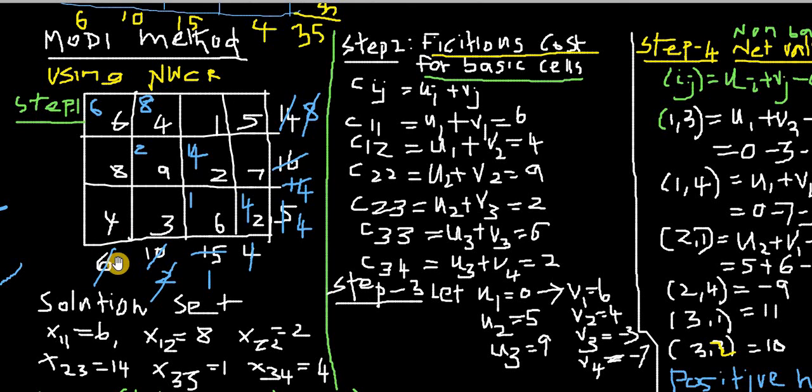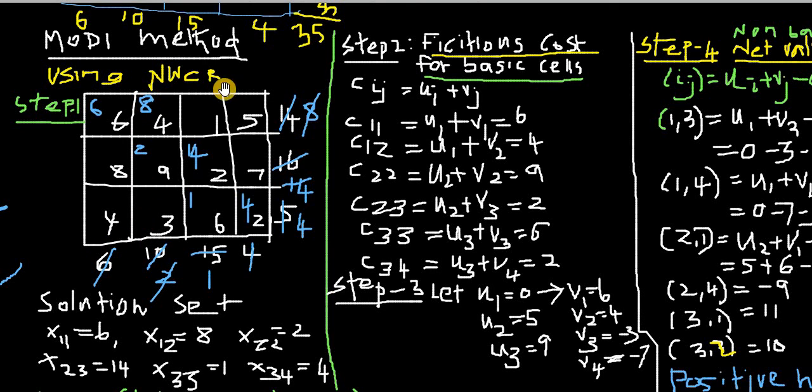The minimum among those is 6. So of the 14 available, give 6 to the first destination. So the first destination's need is satisfied. The remaining is 8 items still available from the first production center, resource A.